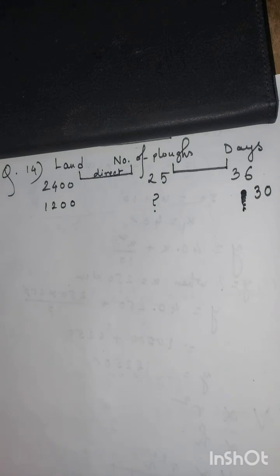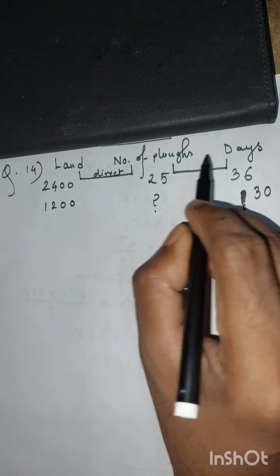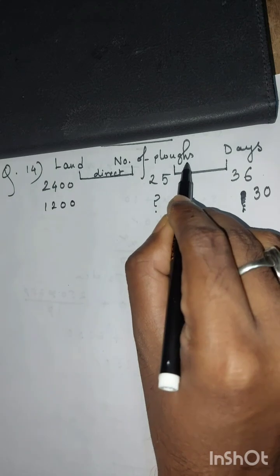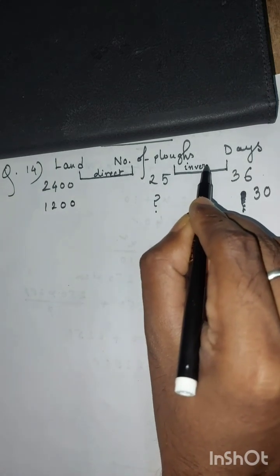So if number of plows increases, number of days decreases. So these two quantities are inversely related. So I am writing inverse. Now we know the relation between these quantities.